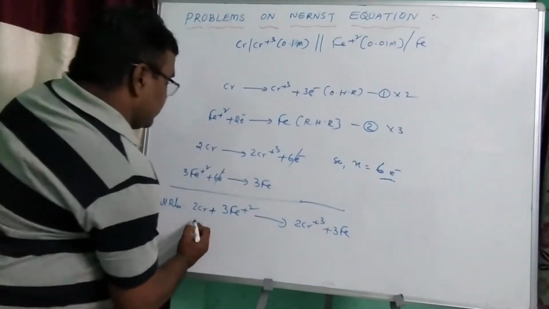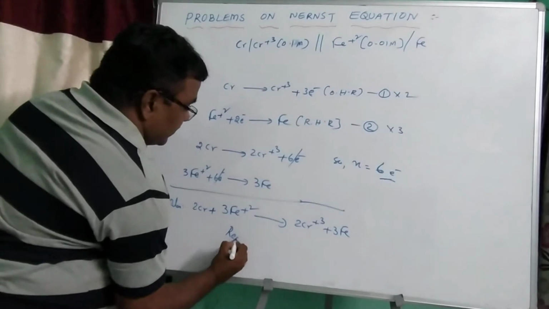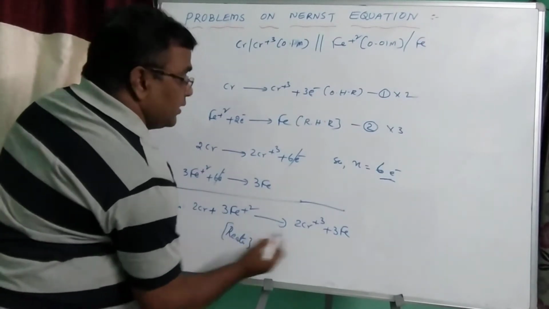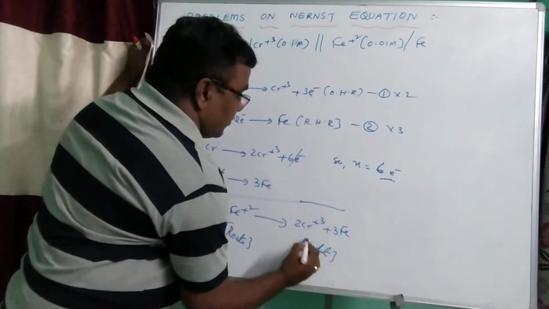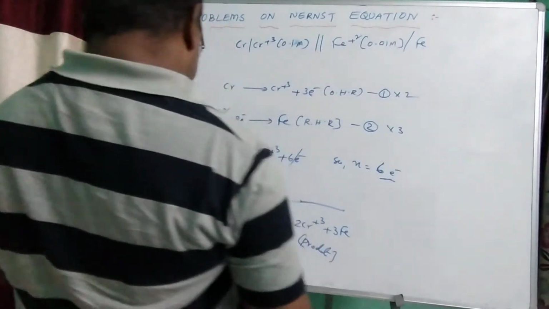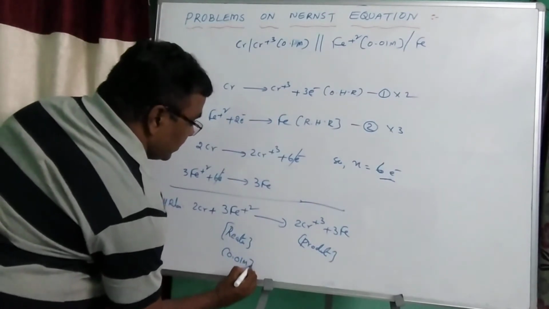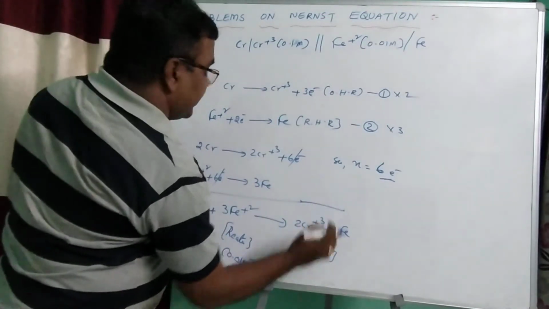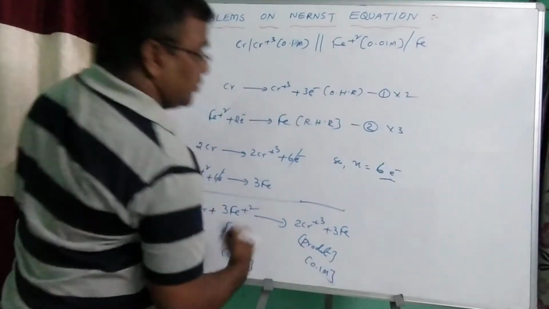In the cell reaction, the ferrous ion is the reactant and Cr plus 3 is the product. The reactant concentration of Fe plus 2 is 0.01 molar. The product Cr plus 3 concentration is 0.1 molar.